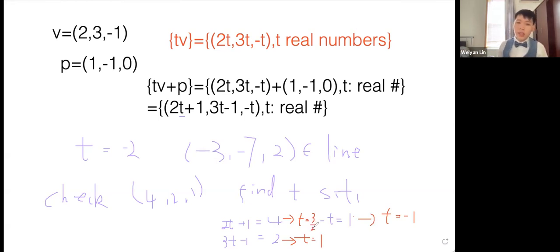As you can see, you cannot have one t that satisfies all three equations. So there's no such t. That means that it's not in the line.